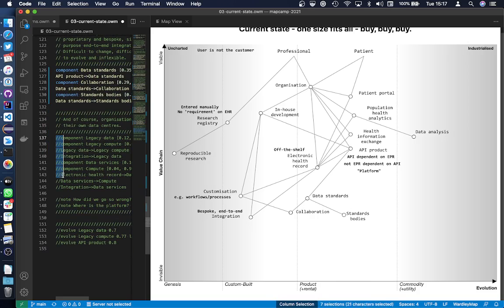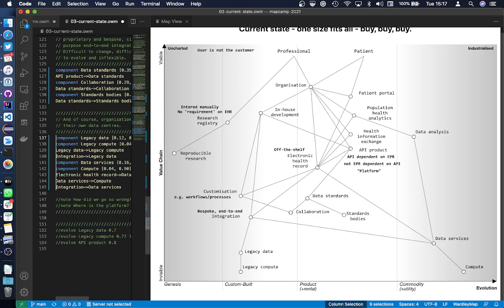And similarly, all of these need some compute and data back ends. In general, modern EPRs will build on cloud services, but all our legacy is still all the way over here.